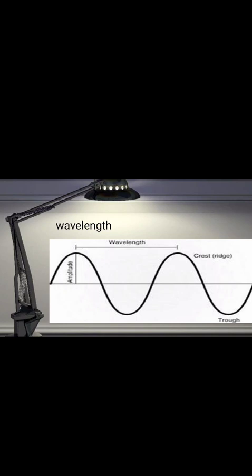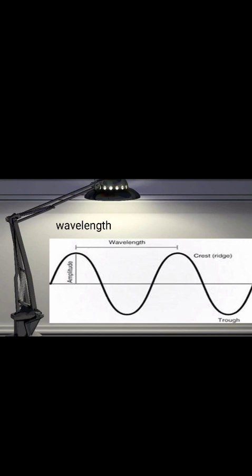Crest is the highest point of the wave, whereas the trough is the lowest. Since wavelength is distance, it is measured in units such as angstroms, meters, centimeters, millimeters, nanometers, and so on.